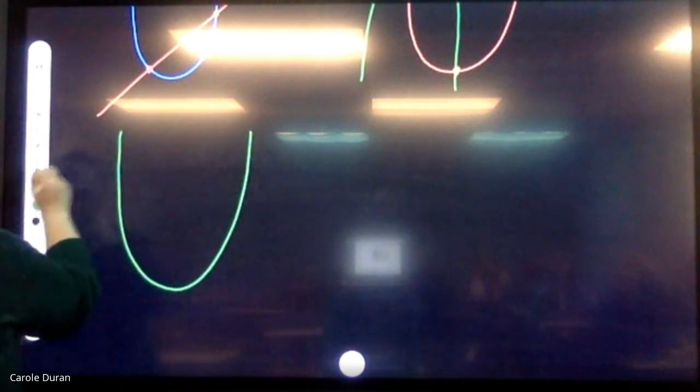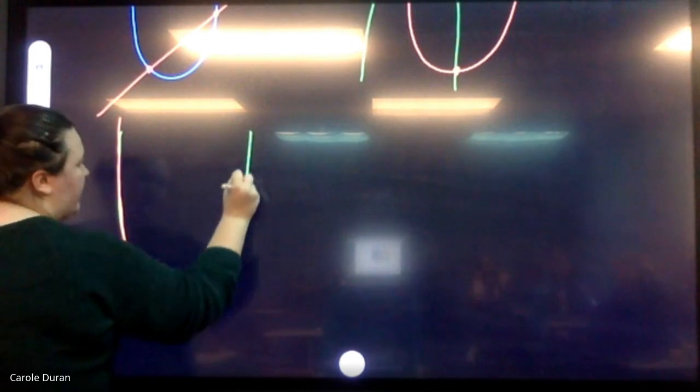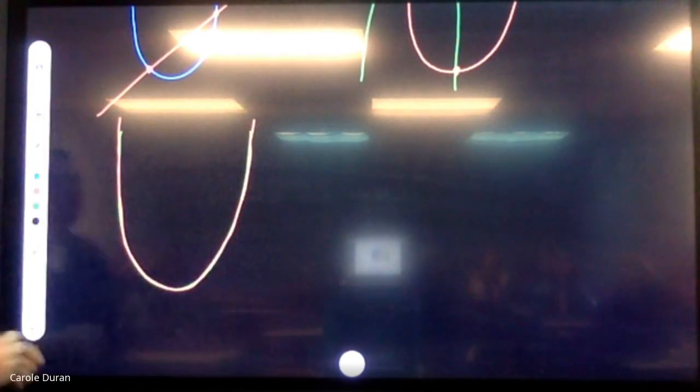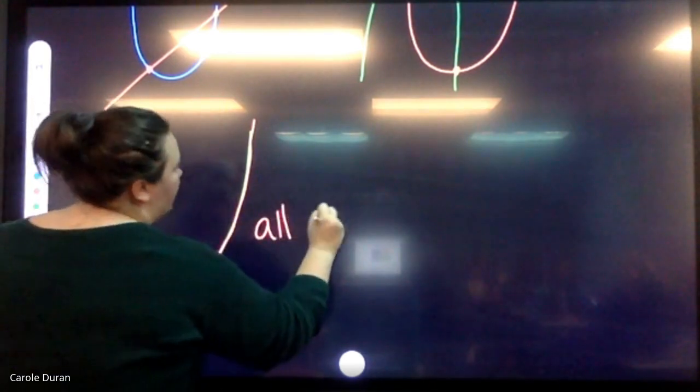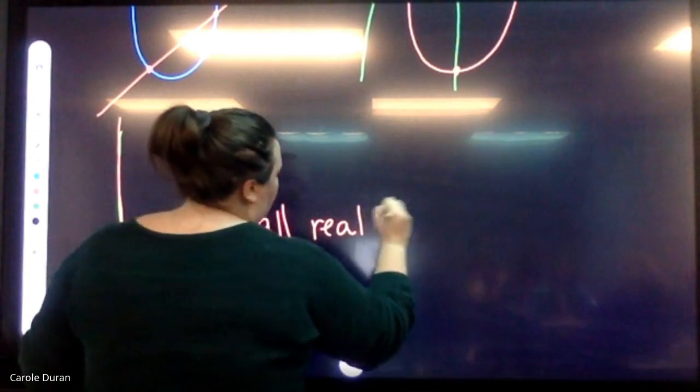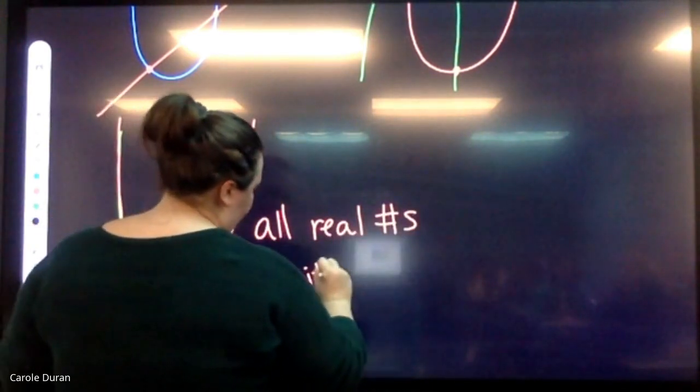So for example, if I have this green one and I have this red one that overlap completely, what would be the solution to that system? All real numbers or infinite solutions. However you wanted to say it.